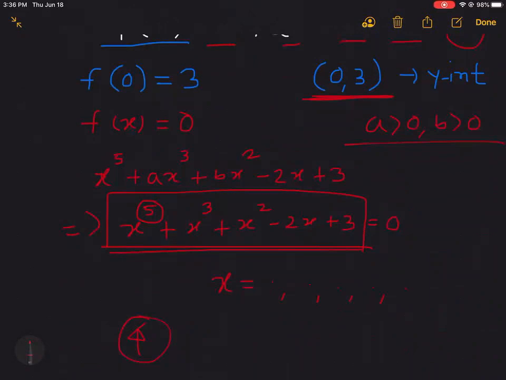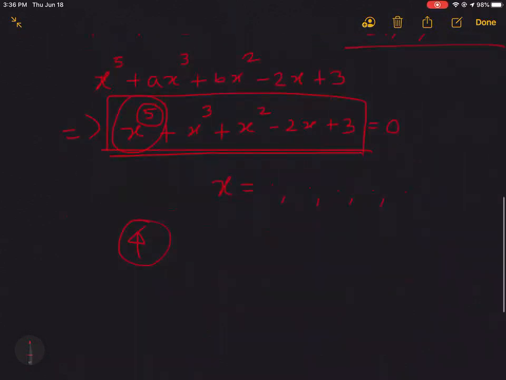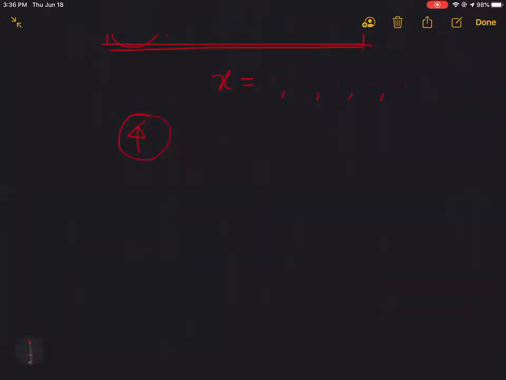And also, we know that this graph will resemble somewhat x to the 5, okay? It will not exactly look like x to the 5, whatever the graph of x to the 5 is, but definitely it will behave like that, okay? This graph will definitely behave like that. So clearly, if we have a graph of x to the 5th, we can come to the conclusion that whatever your graph, this will actually be given.